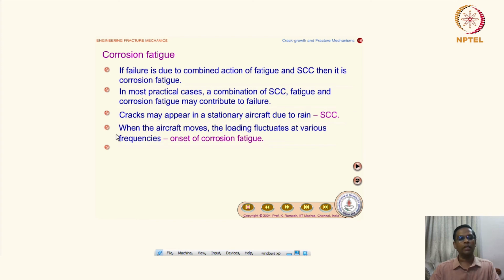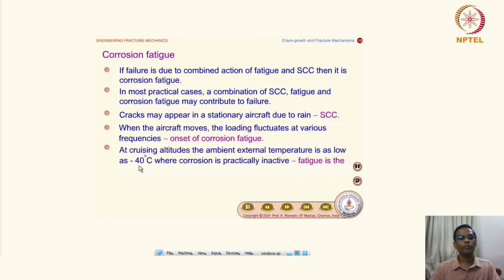When the aircraft moves, the loading fluctuates at various frequencies, and corrosion fatigue sets in. At cruising altitudes, the ambient external temperature is as low as minus 40 degrees centigrade, where corrosion is practically inactive. Fatigue is the failure mode for the major part of the flight.